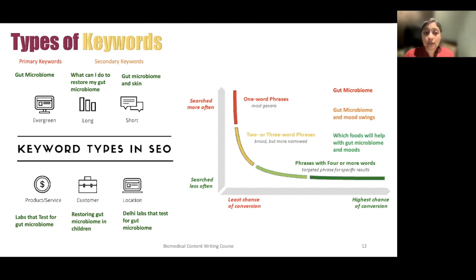If you're looking at, again, a very niched target audience, like children, then restoring gut microbiome in children would be an example of a keyword you would use. And location, again, here you're targeting a person who really knows what they want. So they would be looking at Delhi labs that test for gut microbiome. So maybe you would be writing about a specific location for a specific service.